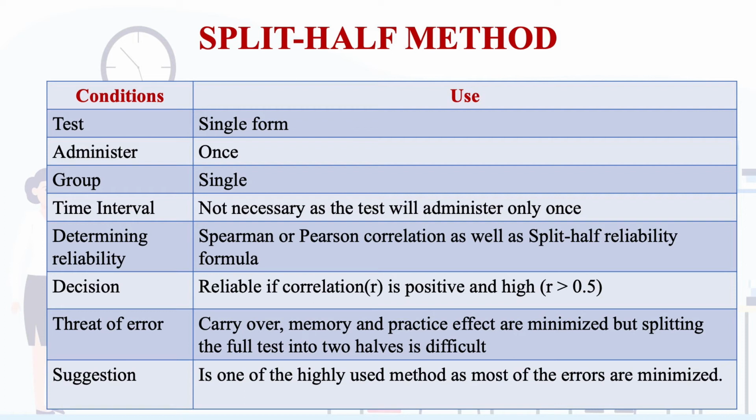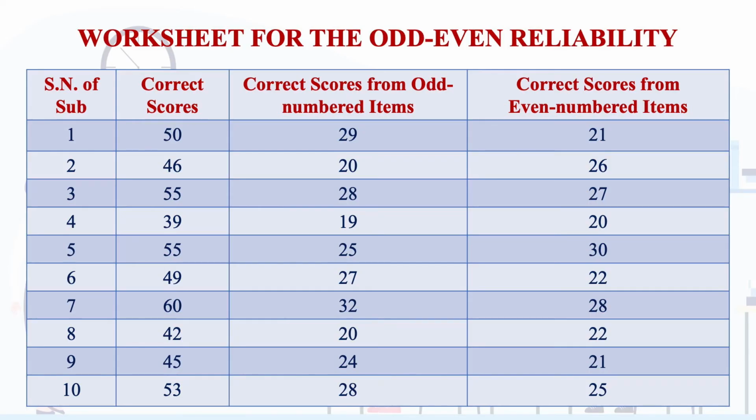And as a suggestion, we can say that it is one of the very highly used methods, as most of the errors are minimized here. So here you see how to split the whole test into two half tests. On this table, the first column is the serial number of the subject, that means the students.